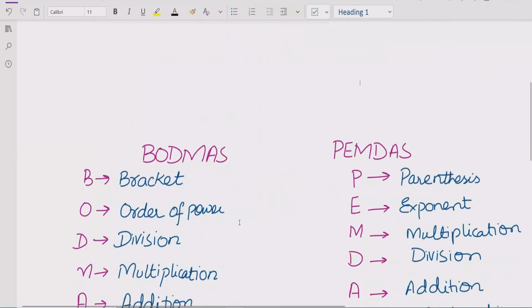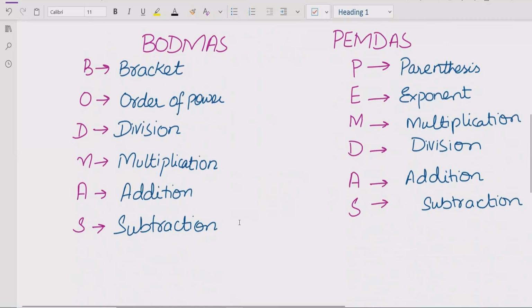Okay, now let's start the topic. Before starting, we have to revise the BODMAS and PEMDAS rules, which is B for bracket, and O for order.